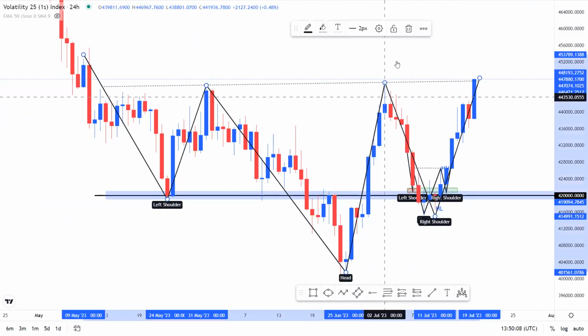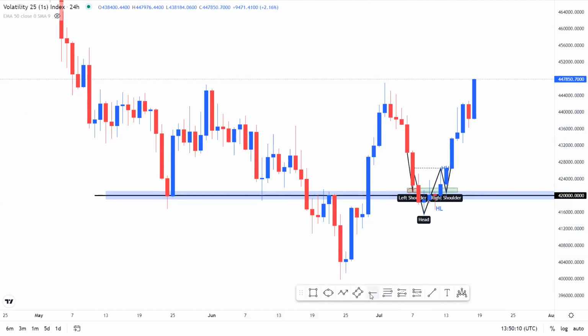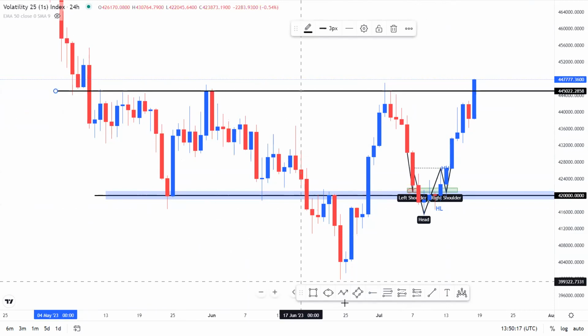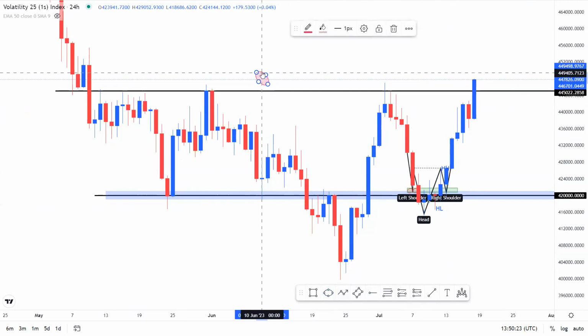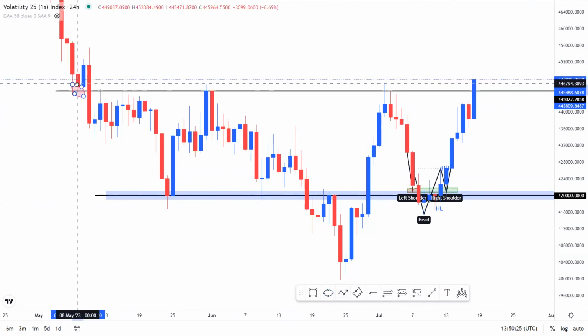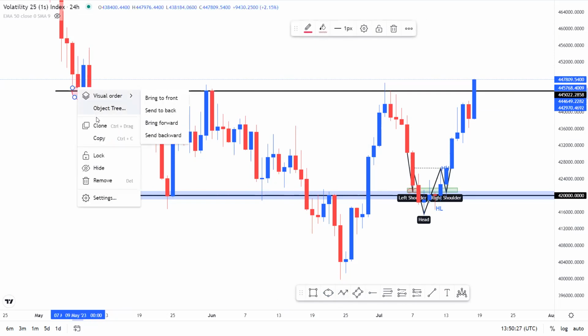And as such, I was expecting price to come into this level, in the fact that also on multiple occasions we've seen price react off of the level.